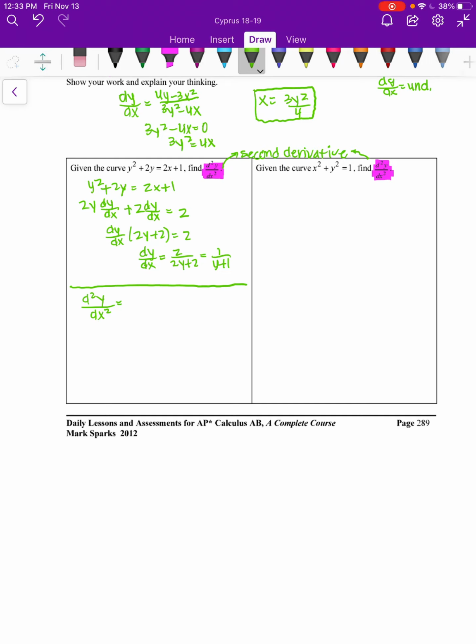So derivative, it's low d high minus high d low over low squared. So low is y plus 1. D high, so the derivative of the top is 0, minus high. D low, the derivative of the denominator there is just dy/dx. All over low squared.